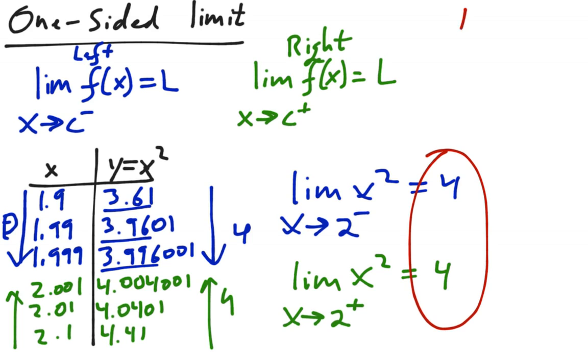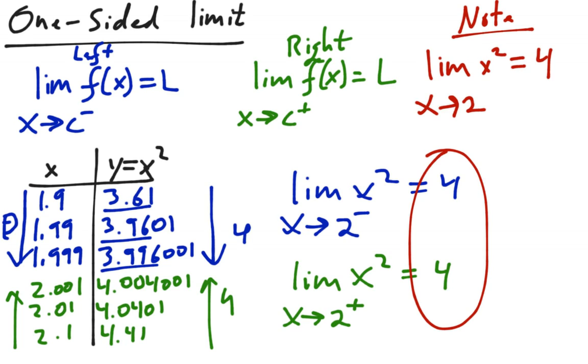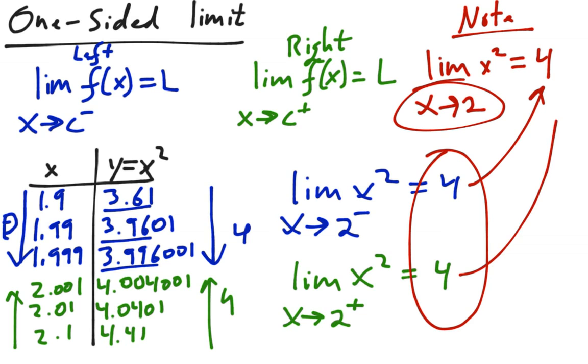So the big idea here is that the limit as x approaches 2 of x squared equals 4, and that's only true, the limit in general can only exist if both the left and the right hand limits are the same number.